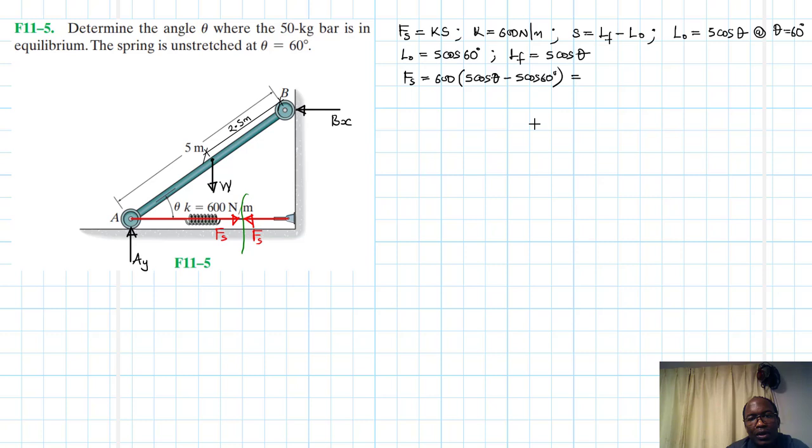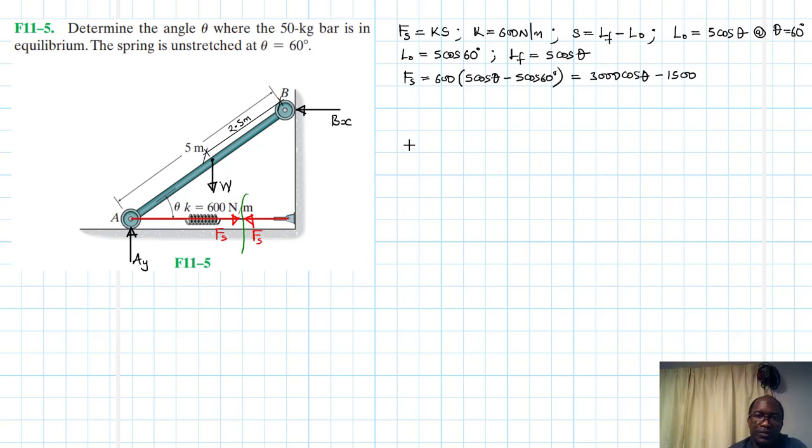If we simplify this, we have 600 times 5, so this becomes 3000 cos theta minus 600 times 5 cos 60, which is 1500. All right, so there we go.